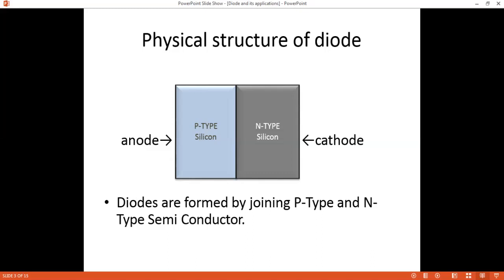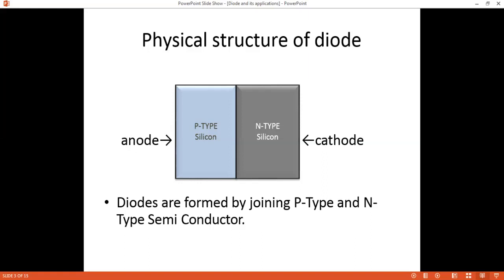The PN junction diode consists of anode and cathode. Every diode consists of two terminals, one is an anode, another one is a cathode.